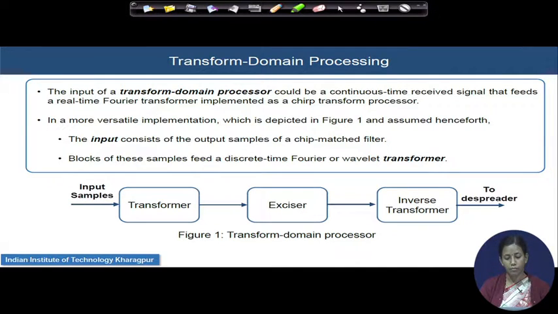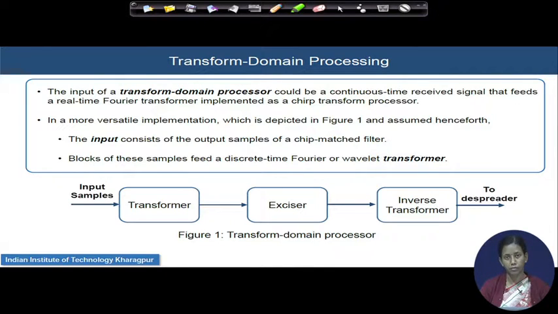If it satisfies, then by some mathematical derivation we have shown that the output can easily be retrieved, and we need not utilize any inverse transformer and despreading operation finally to get the signal back.